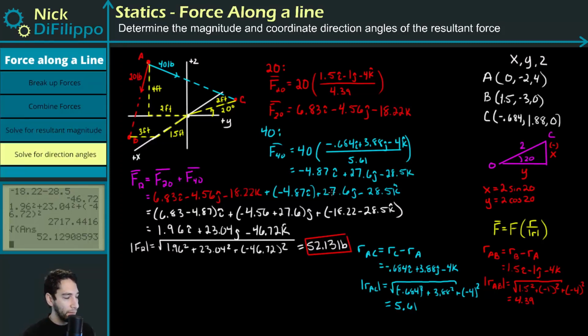The next thing that I want to look for is I want to solve for my direction angles. So solving for my direction angles, I remember the equations I have. I have the cosine of some angle alpha, the cosine direction angle I make from my positive x-axis, is going to be equal to the x component of my force divided by my magnitude. So I can say alpha is equal to the inverse cosine of the i component, 1.96, divided by the magnitude.